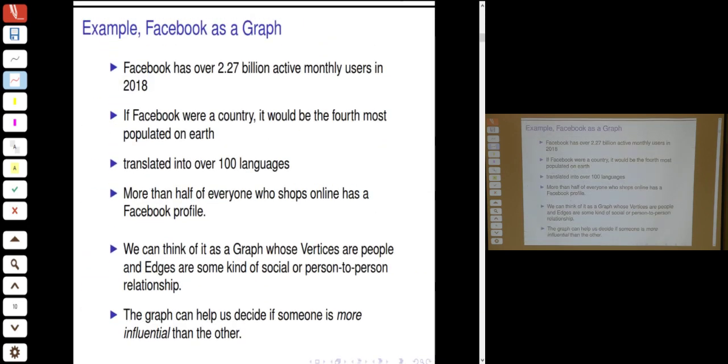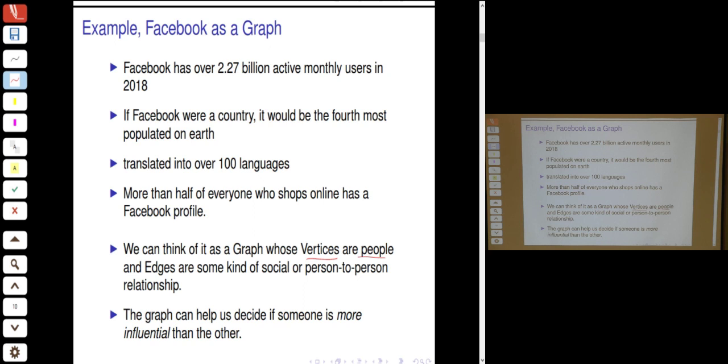So, here is a popular example of graphs. These are graphs which can be obtained from Facebook or any other social networking site. On a social networking site like Facebook, you can imagine the different vertices as people who are users of Facebook. Okay?